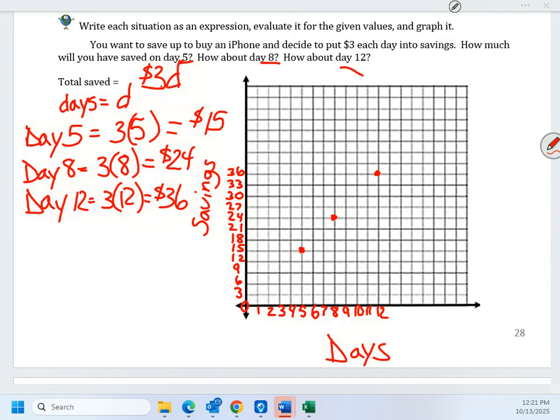So when you graph the expression, it's important that we label our axes. We have our days. So what is that variable that's changing? That's the x. What you get out of it is the y. Okay. I'm going to erase this so we can look at our next page.